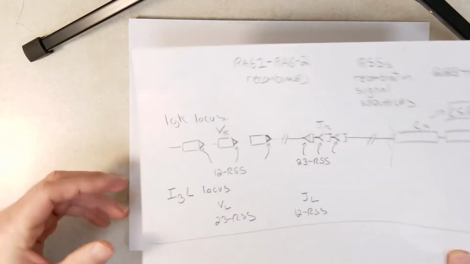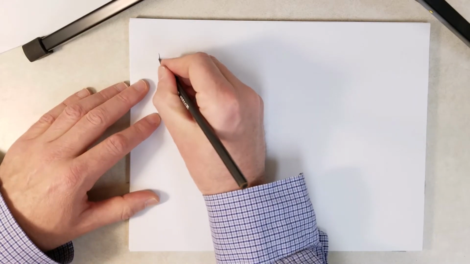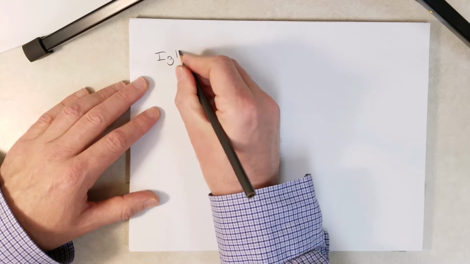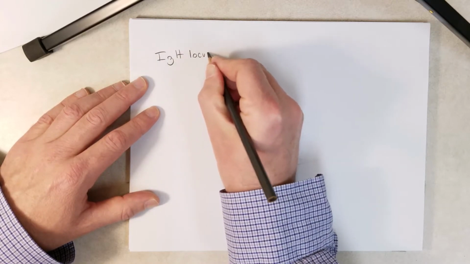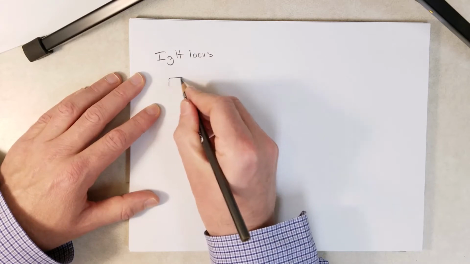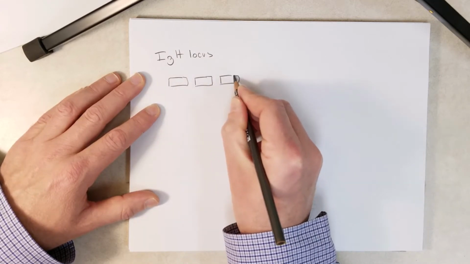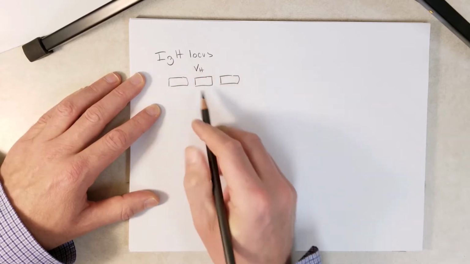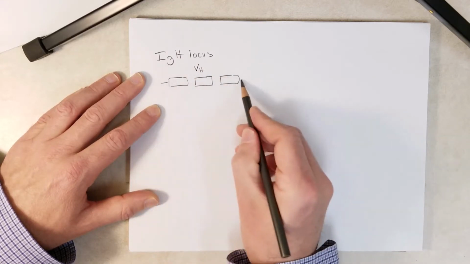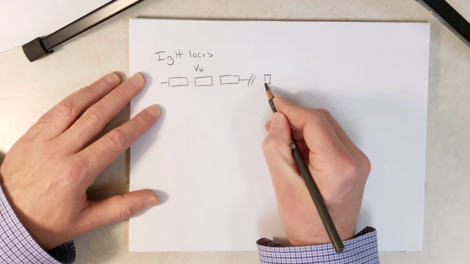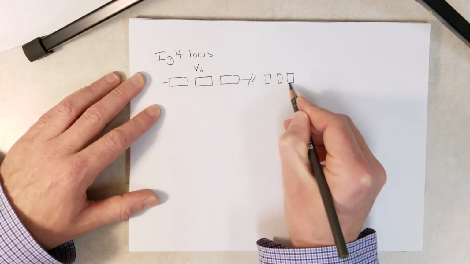Now, IGH is going to be a little different than those two because we have 2 recombination events. So the organization of the RSS sequences is going to be a little bit more complicated. So let's just take 3 variable segments from the H locus and some diversity segments.